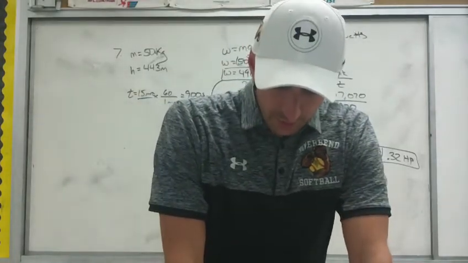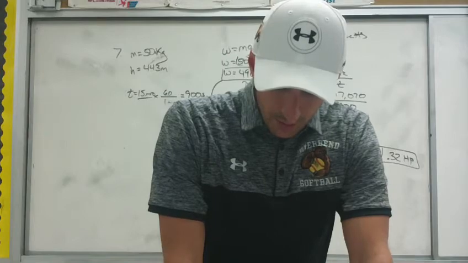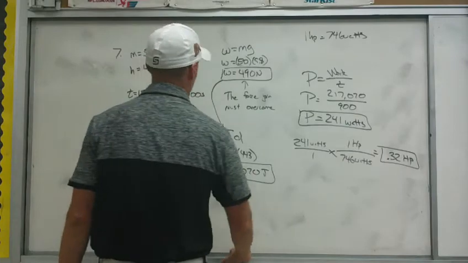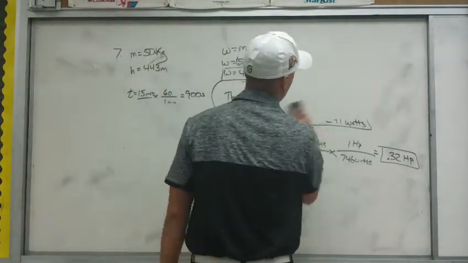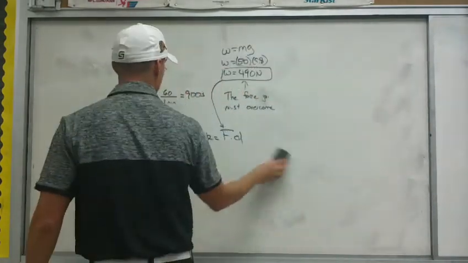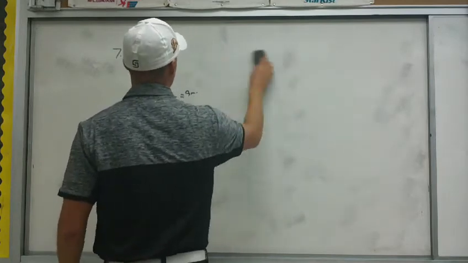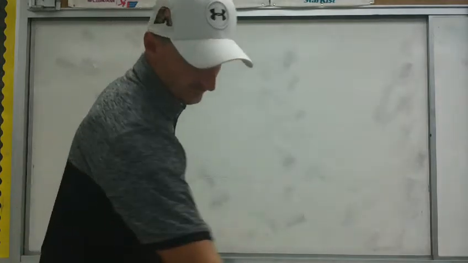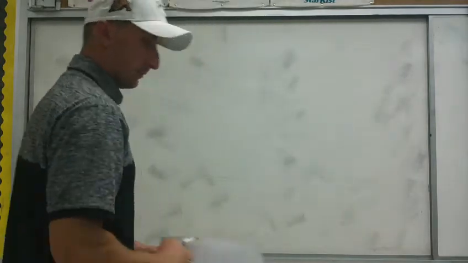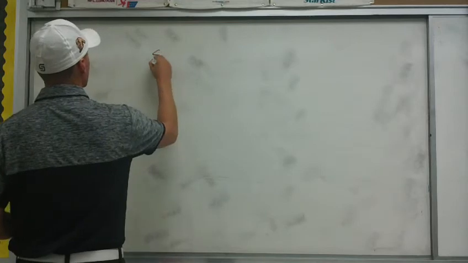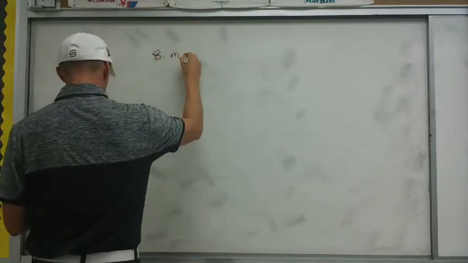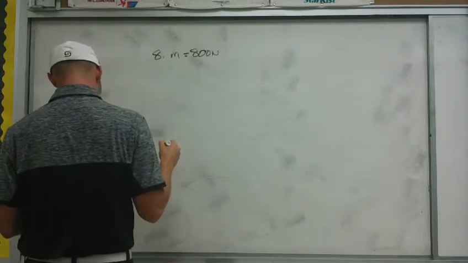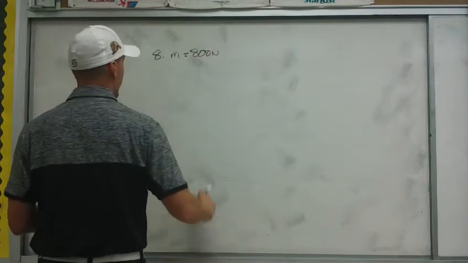Okay, 8. What is the potential energy for an 800 kilogram elevator at the top of the Sears Tower? All right, this is another basic one here. So it has mass, 800 kilograms.